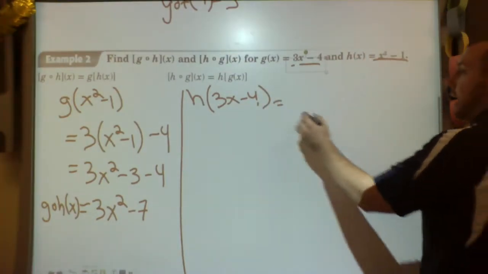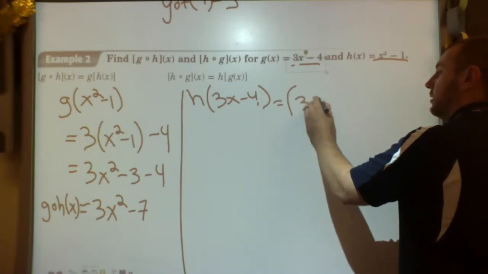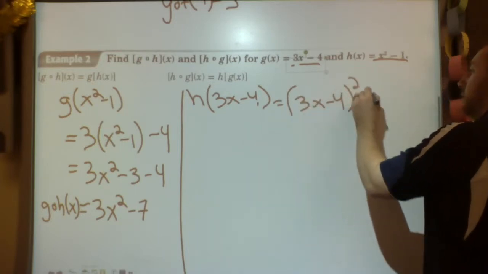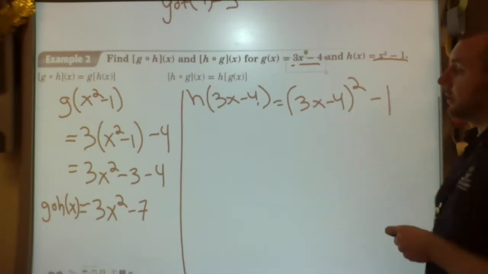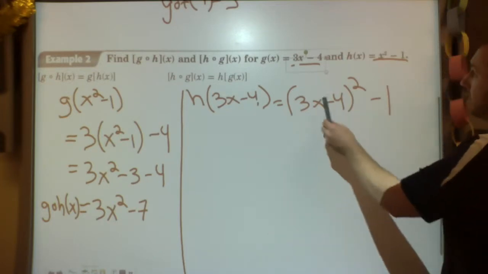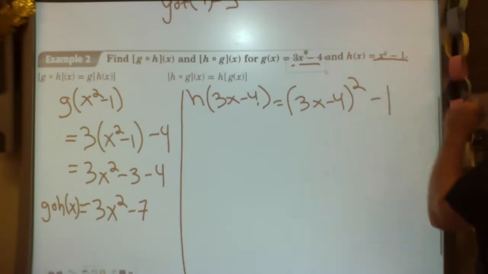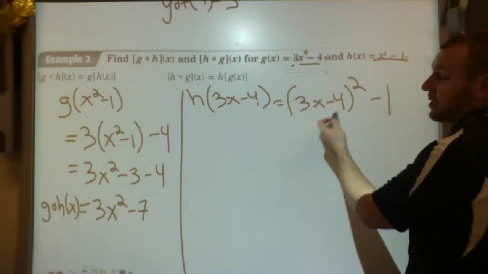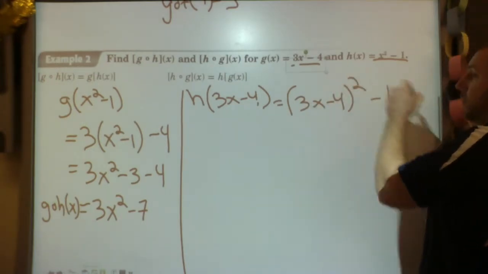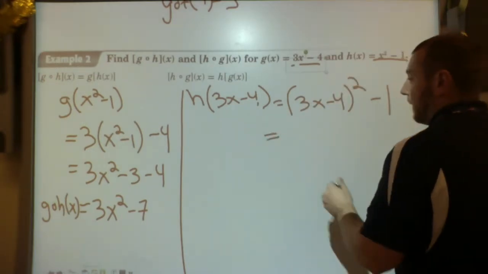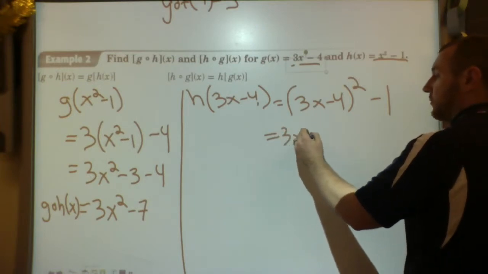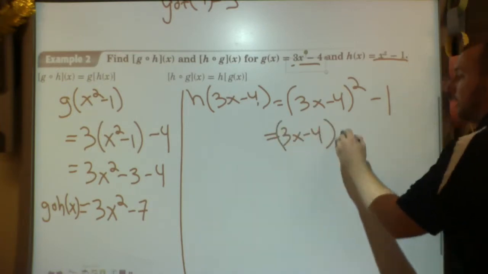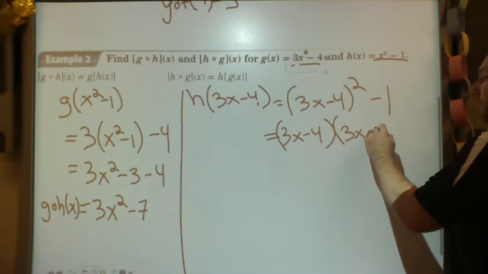Every time I see an x, now, you notice that I put it in parentheses because it's x squared. So I have to take this 3x minus 4 and square it. So I'm going to take this 3x minus 4 and multiply it by 3x minus 4.